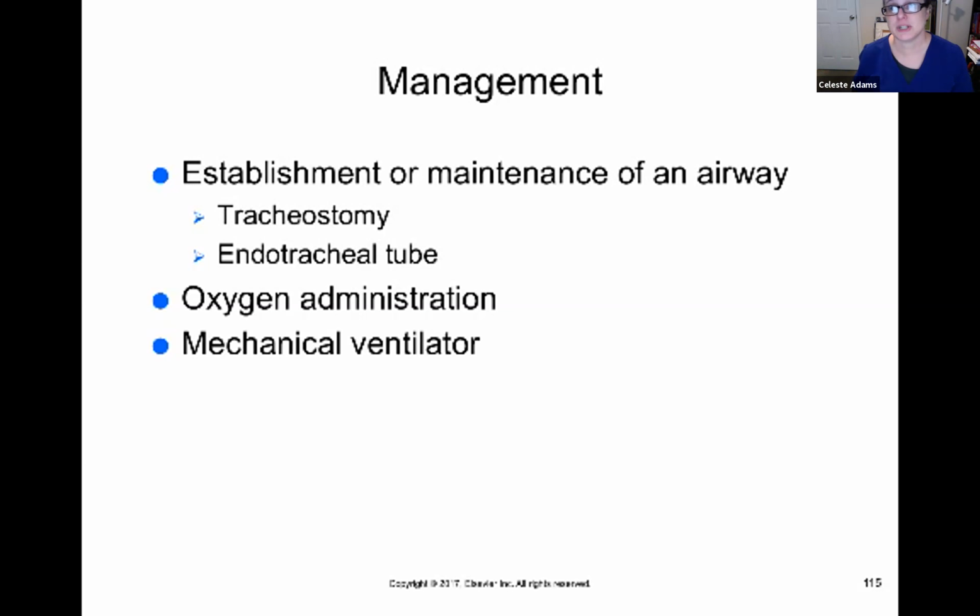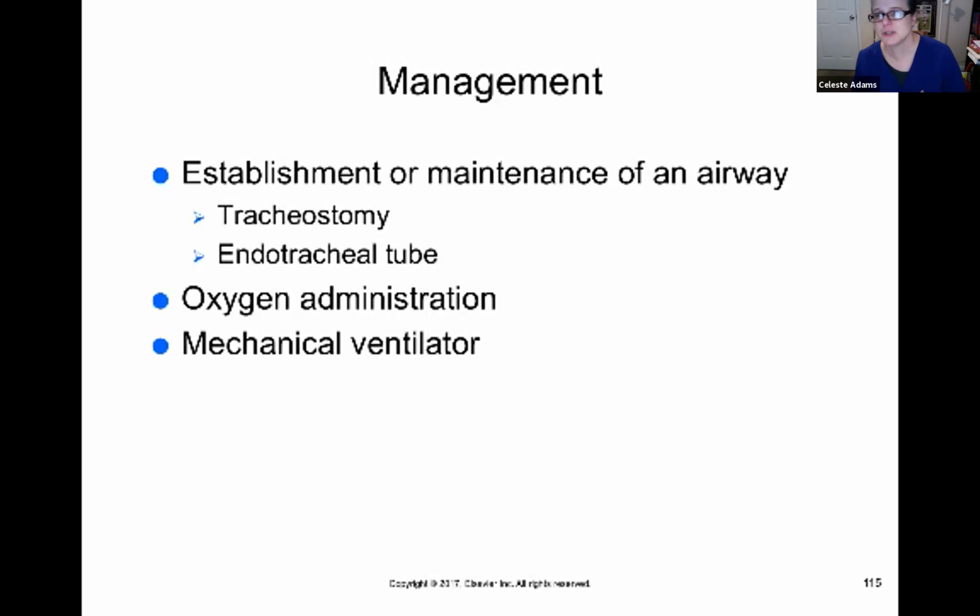Because you've got too much CO2 on board in respiratory acidosis. So you're also going to establish and maintain an airway. Because if something's stuck in the patient's airway and they're not able to breathe off that CO2, that CO2 is going to get retained in the lungs and build up.